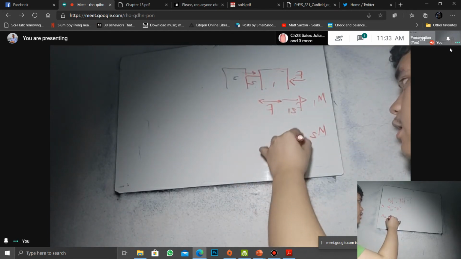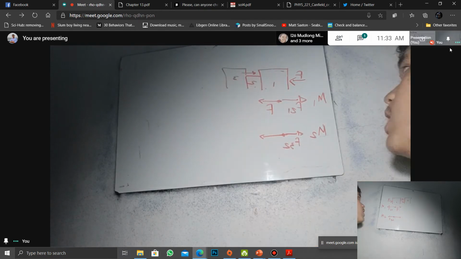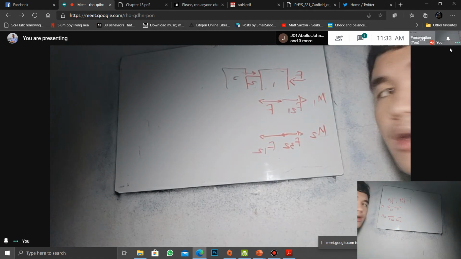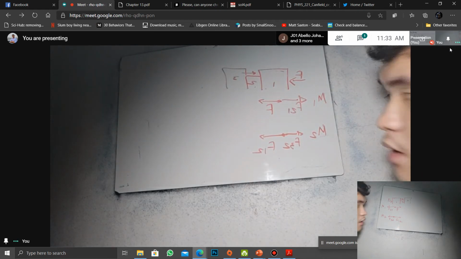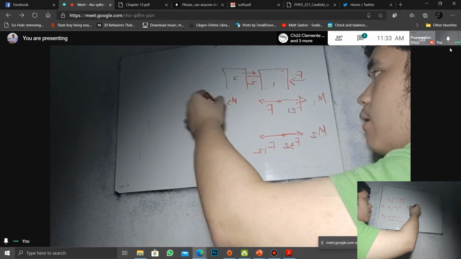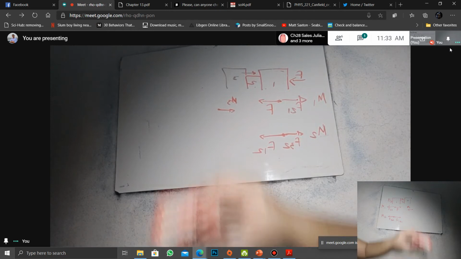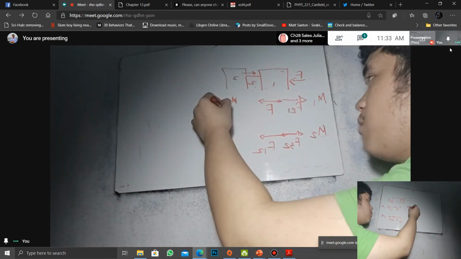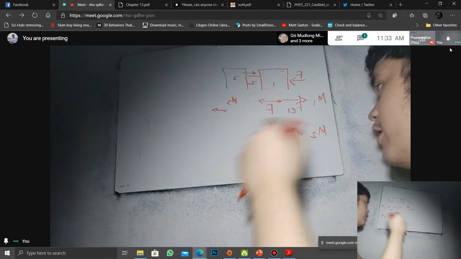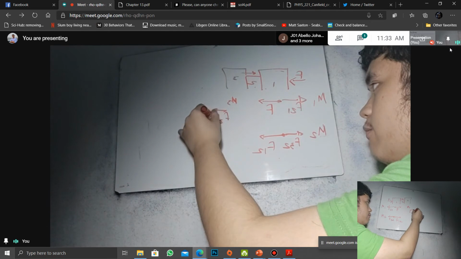F3 on 2, tsaka F1 on 2, di ba? Next, lastly, mass 3. Ay, sorry. Pag ganito pala. So, bale, look at each object, no? Look at the free body diagram for each object. Yan yung technique dito sa dynamics. F23. Sige, let's start.